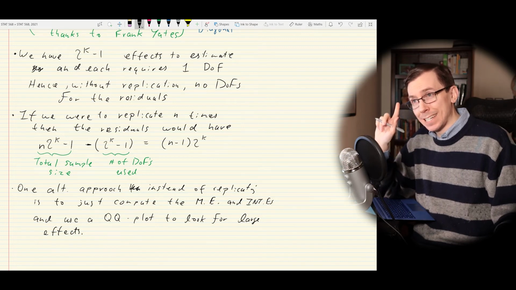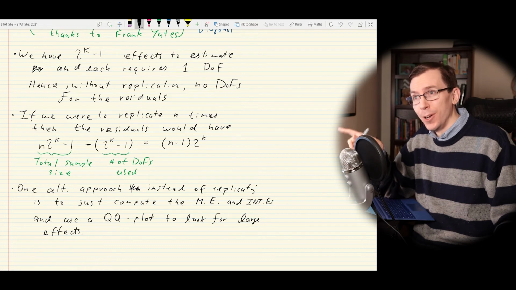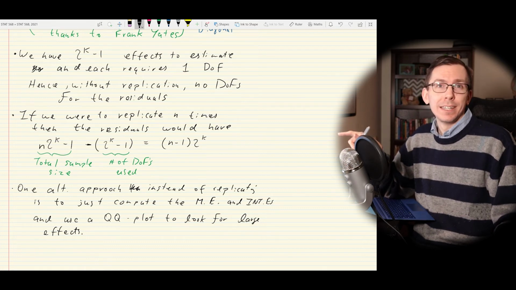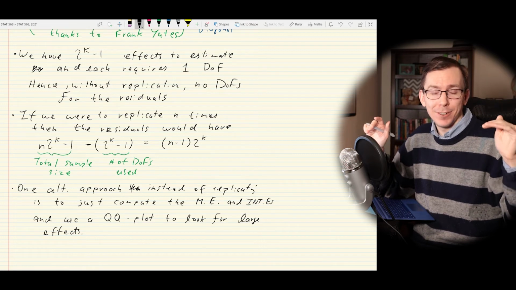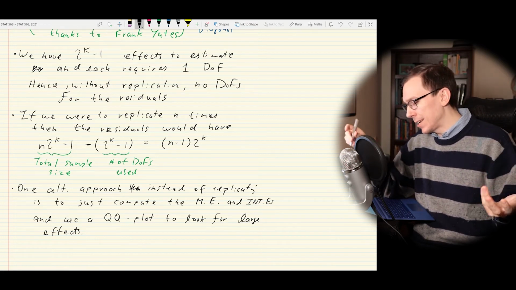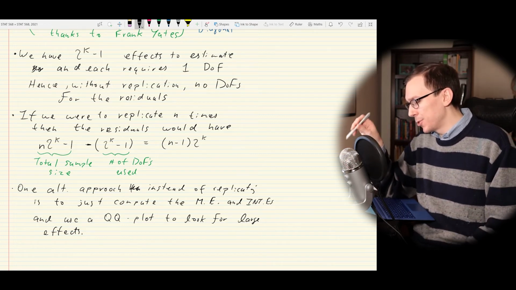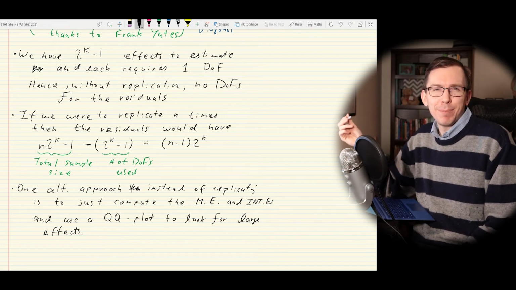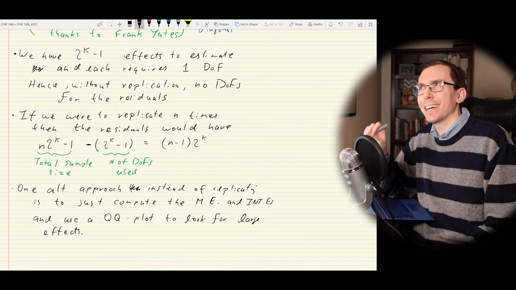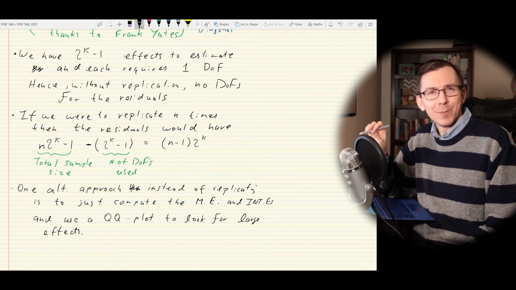So you can look at the sum of squares in the ANOVA table, or you can use the linear model. You can look at the main and interaction effects, and the main and interaction effects would be put into a QQ plot. And you can basically just say, okay, do any of them look peculiarly large? That's a hard word to say.